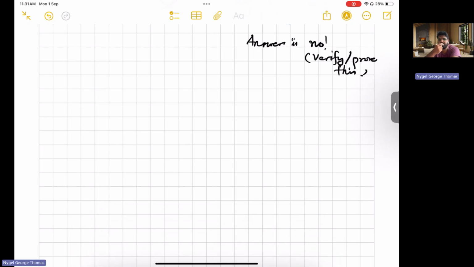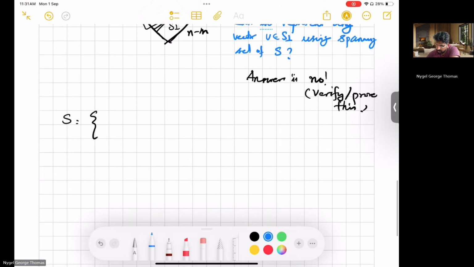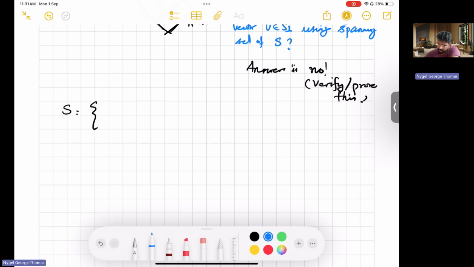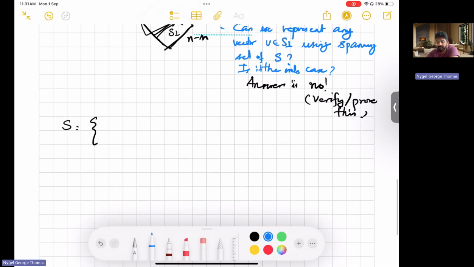Okay, how do you look at examples which are orthogonal complements? Let's say S is equal to... Okay, another question. Is it the only case? What do I mean by that? If we have a set of vectors, some of them span S and some span S complement, and we have a vector in S complement, we can't use the basis of S to represent that.